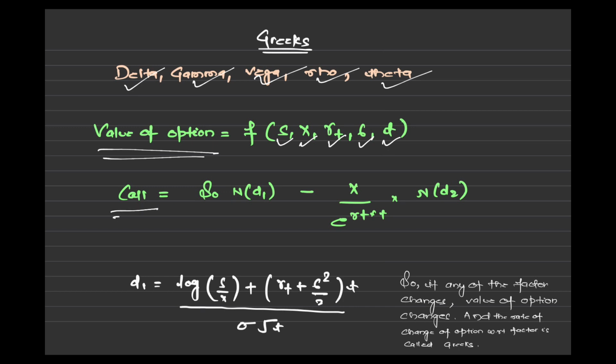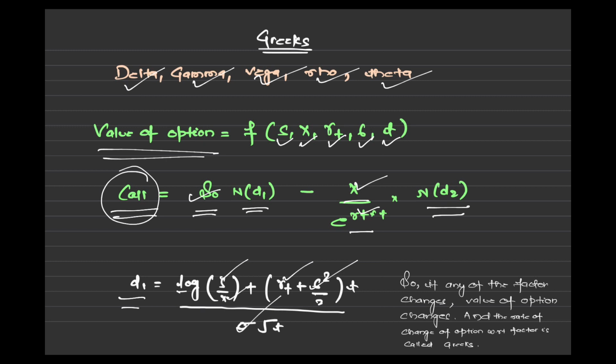Now, if we talk about the Black-Scholes-Merton model, it says that the value of a call option is S0 N(d1) minus X upon e to the power rf T into N(d2). Now, d1 is equal to log of S upon X plus (rf plus sigma square upon 2) into T, upon sigma root T. So you can see that the call option is dependent upon stock price, risk-free rate, exercise price, sigma, and time.